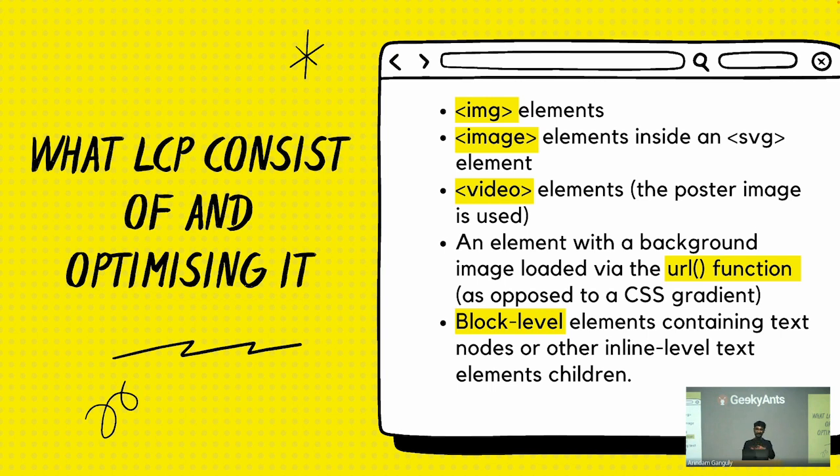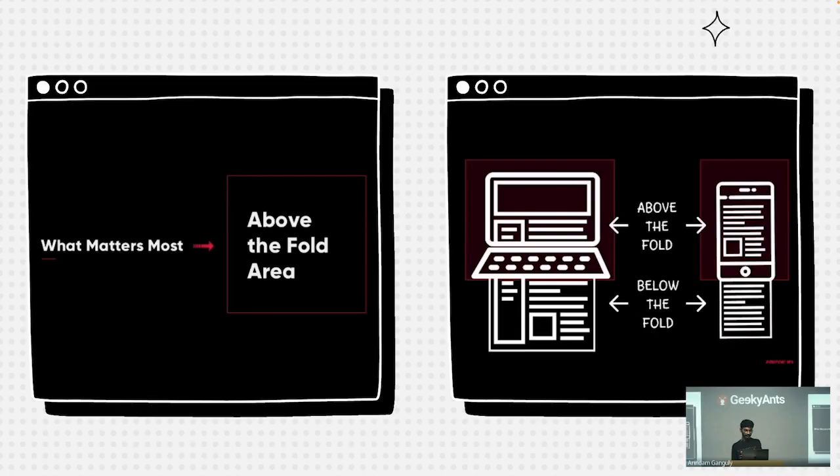Now, these are the general elements that make up your LCP score, and these can affect whether your LCP score is lower or on the higher side, right? Images, and probably I missed something. Okay, no, fine.